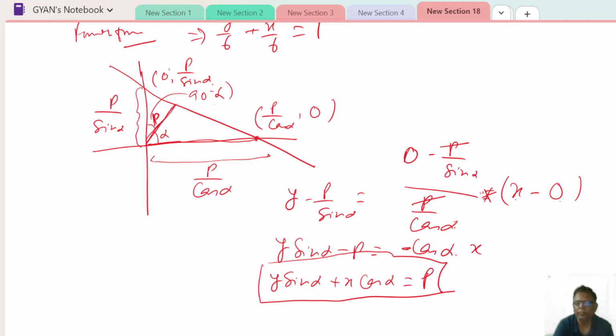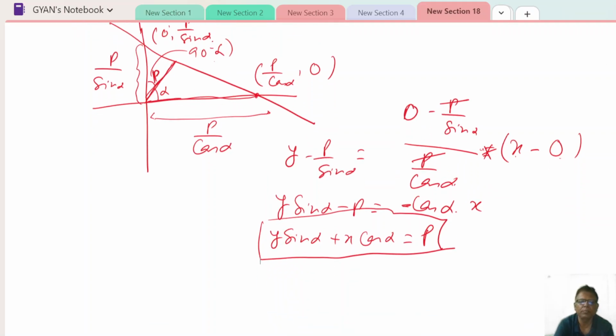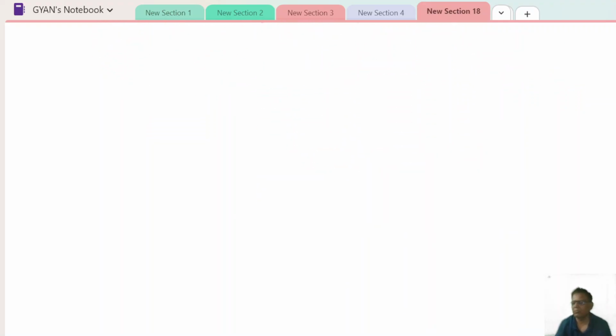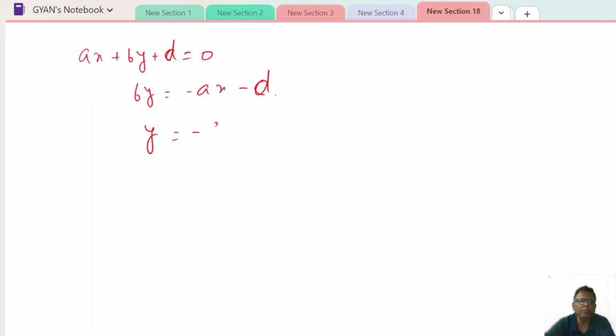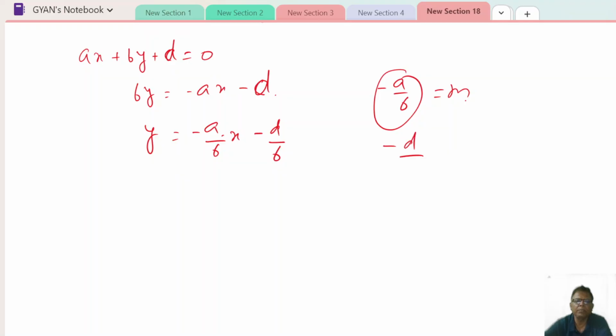Now come to the sixth form, that is the general equation. Suppose you have the equation ax plus by plus c is equal to 0. So you can write by is equal to minus ax minus c, or you can say this d. So y is equal to minus a by b x minus d by b. So minus a by b is nothing but slope, and minus d by b is nothing but intercept.